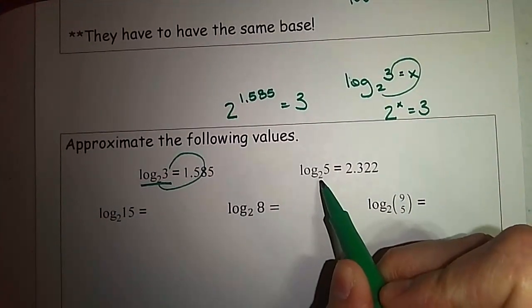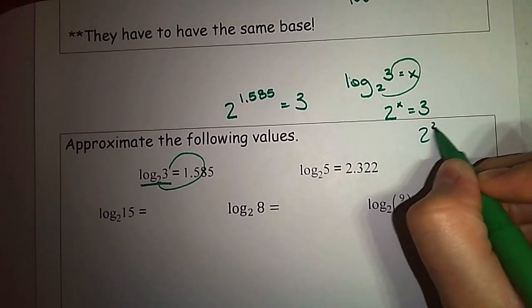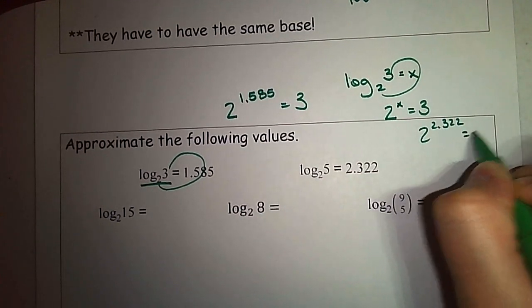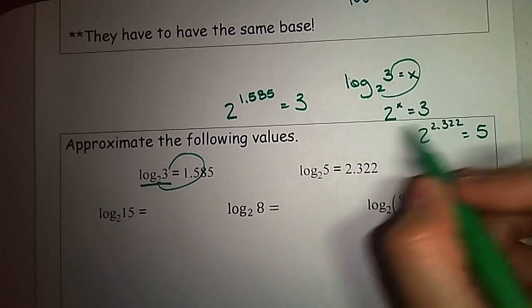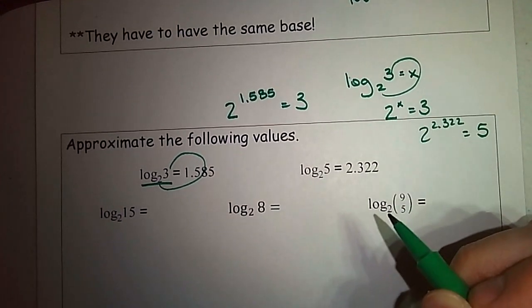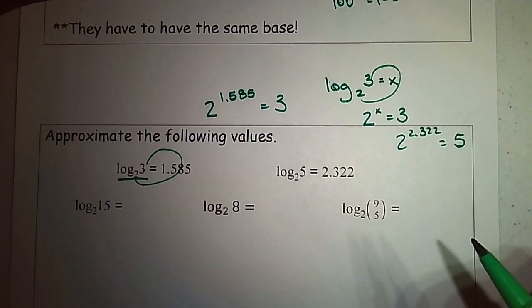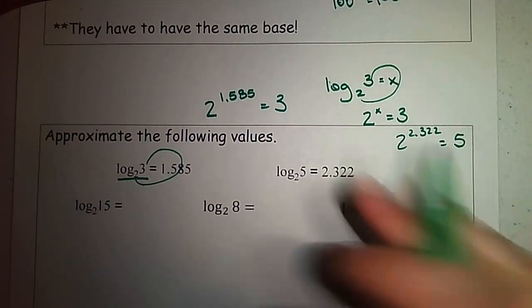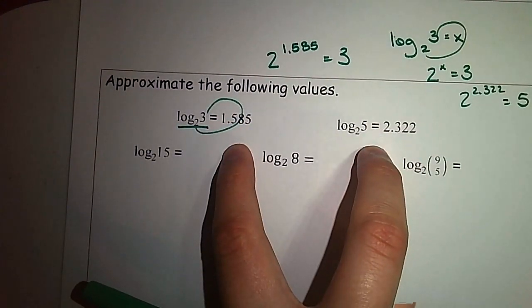And same thing over here: 2 to the power of 2.322 is going to equal approximately 5. Again, we can't make those the same base, so we can't solve for what that would be by ourselves.